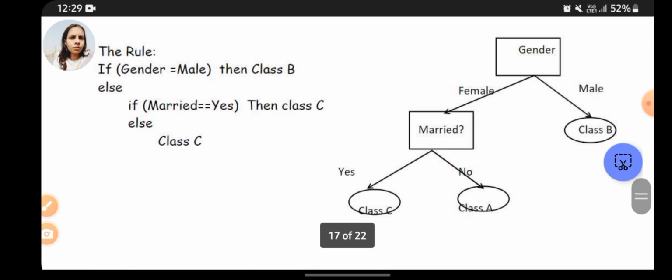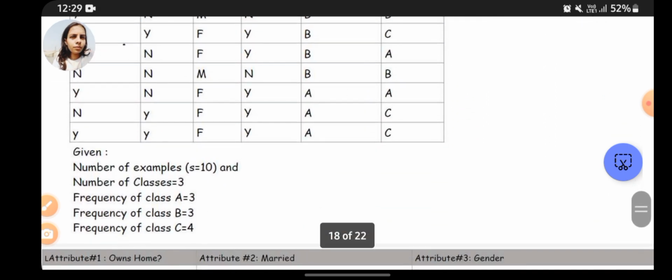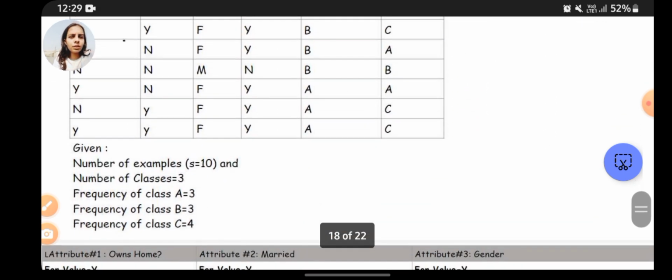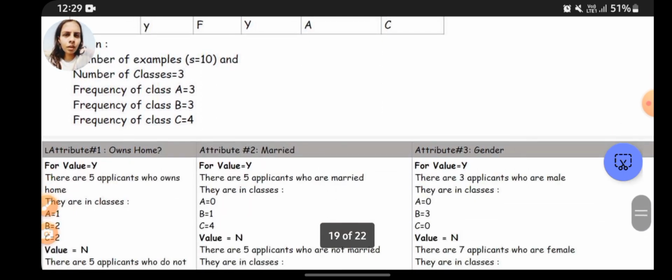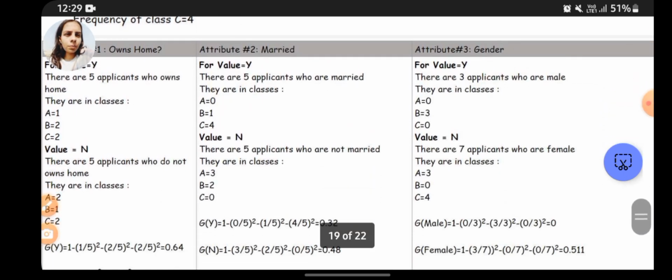So the rule is: if gender is equal to male, then class B, else if married is yes, then class C, else class A. So this is the decision tree, in which S is equal to 10, number of classes is equal to 3, frequency of class A is 3, frequency of class B is equal to 3, frequency of class C is equal to 4, and this is the splitting of examples.